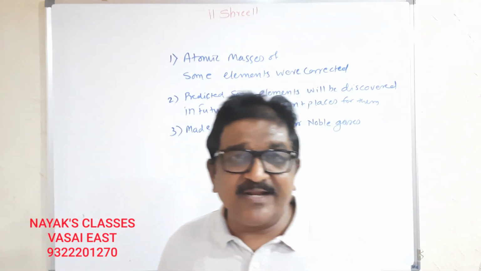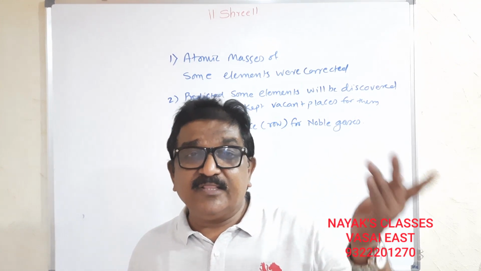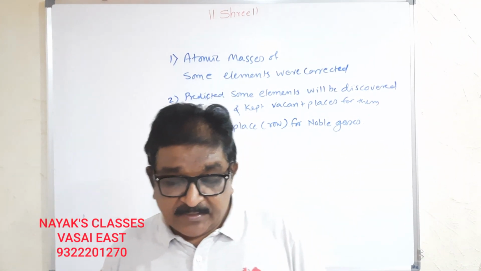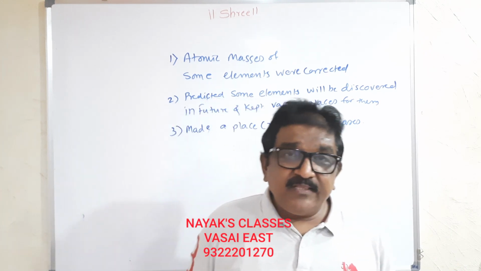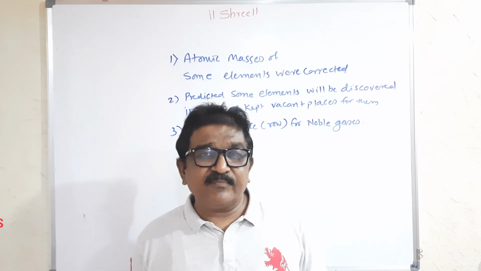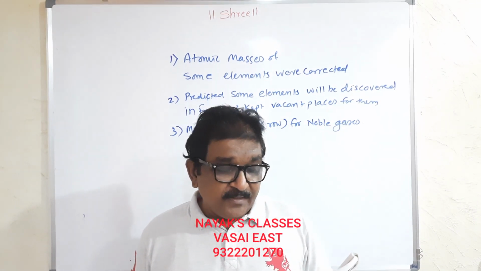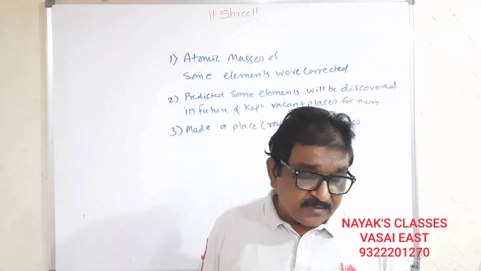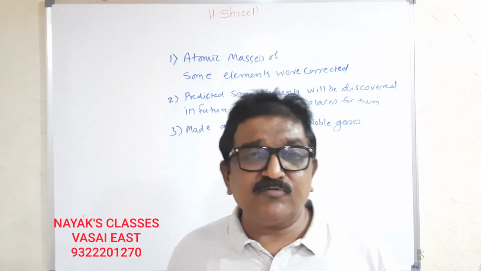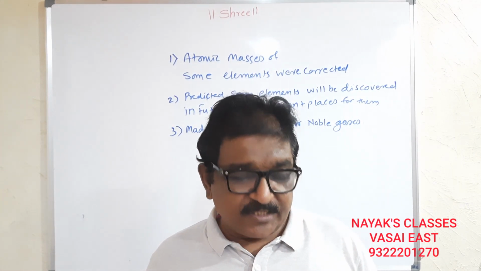He had predicted these types of elements would be discovered in the future and their properties would be like this. So really they were found and the properties were exactly the same as his prediction. Mendeleev really saw the future.